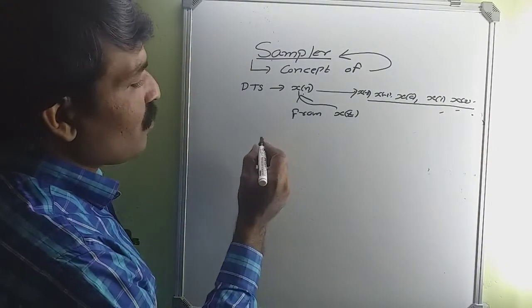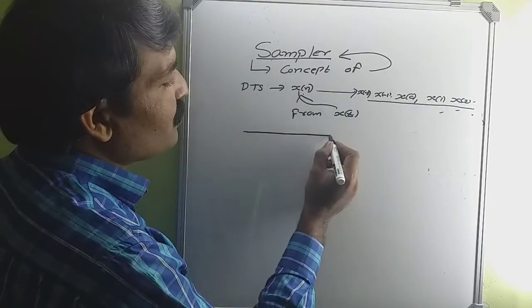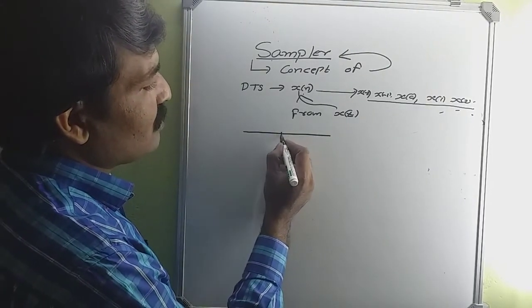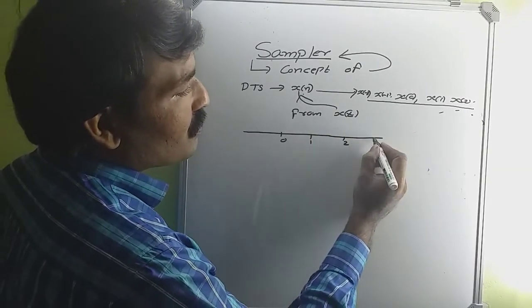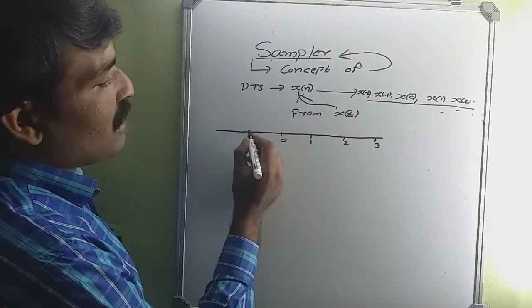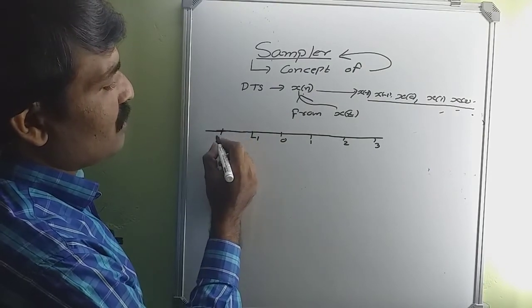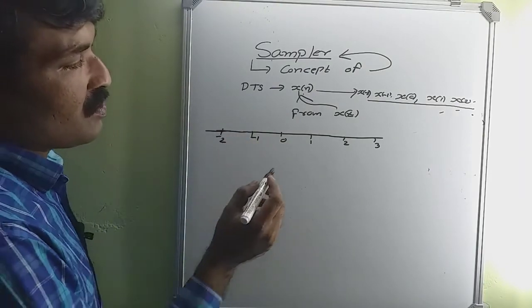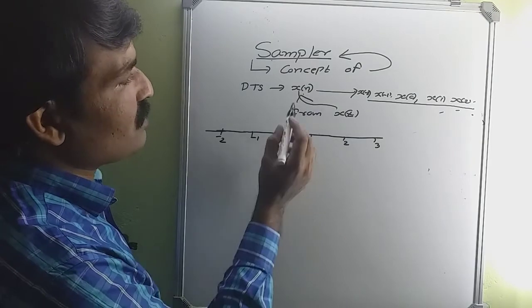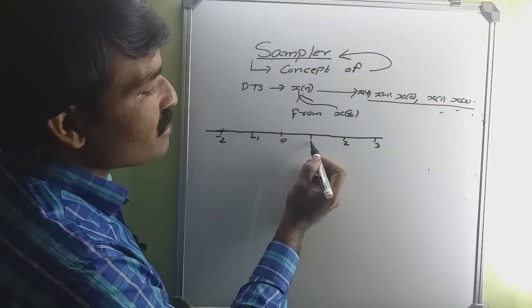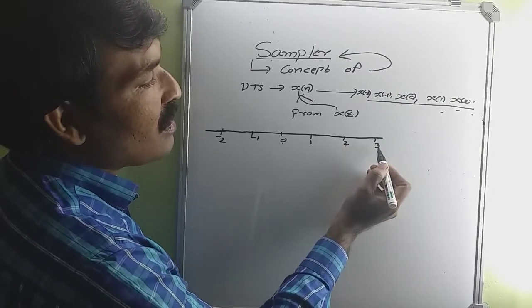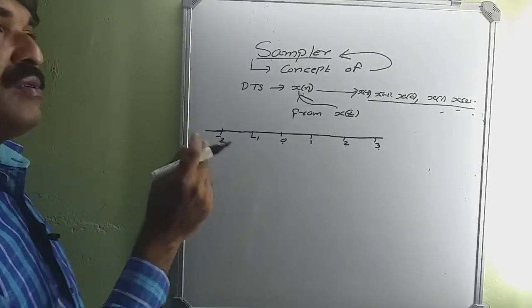Now, what happens? In between, consider time 0, 1, 2, 3, minus 1, minus 2, etc. The value of the signal is known at n equal to 0, n equal to 1, n equal to 2, n equal to 3, n equal to minus 1, minus 2, and so on.